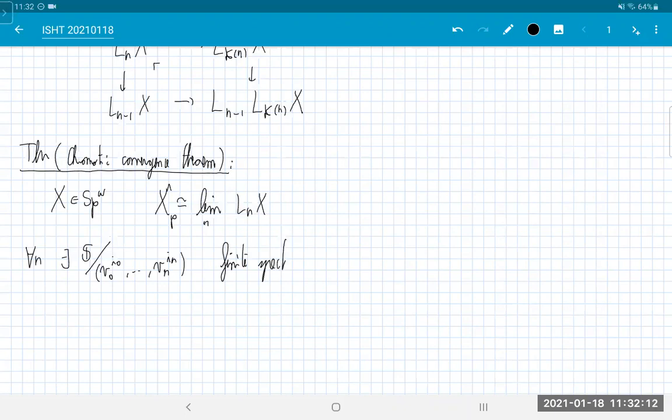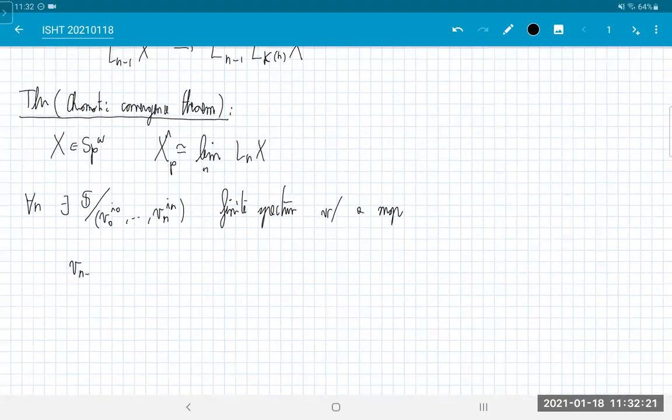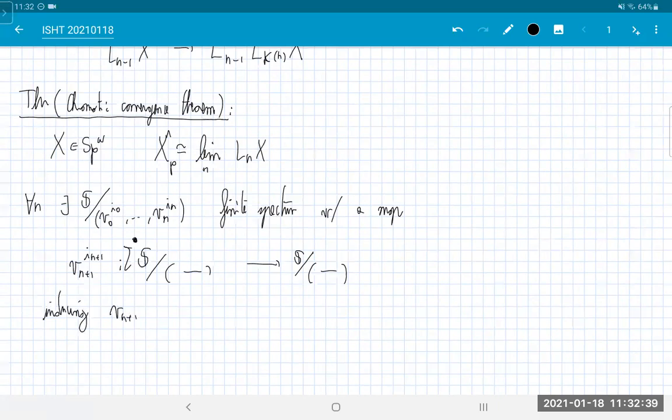In fact, from the construction I'll give you, it's clear that there is a finite spectrum with a map Vn plus 1 to the in plus 1 from this guy shifted by some degree that you can compute. It's in plus 1 times the degree of Vn plus 1, of course. Inducing Vn plus 1 to the in plus 1 on MU homology.